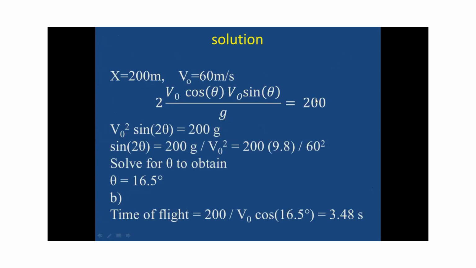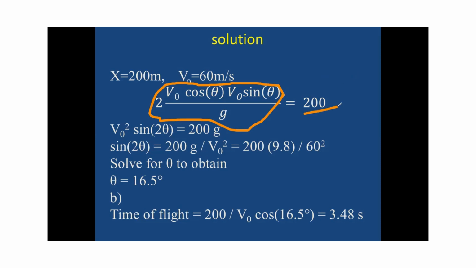The horizontal distance is 200 meters, and the velocity is 60 meters per second. This is projectile motion, and the equation is 2 times v naught cos theta times v naught sin theta over g equals the range.